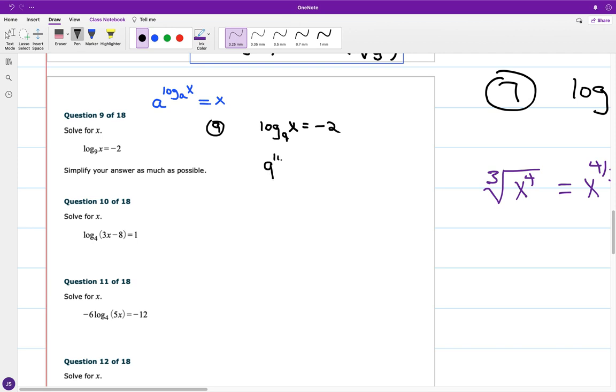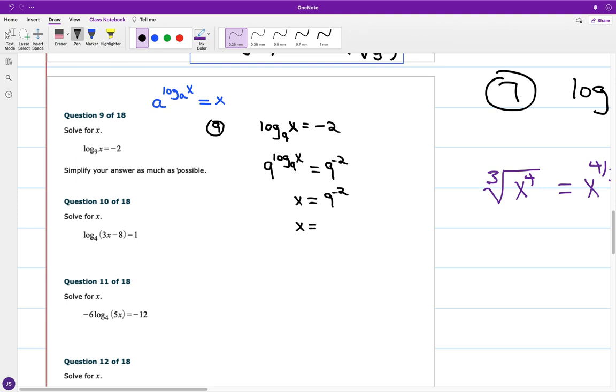So we have 9 to the base 9 logarithm of x is going to be equal to 9 to the -2. So the left hand side becomes x. X is equal to 9 to the -2.